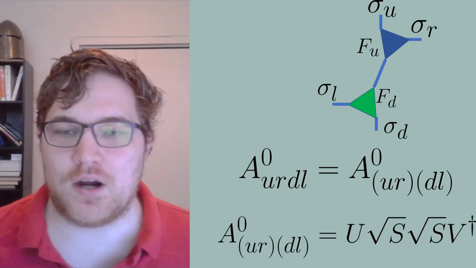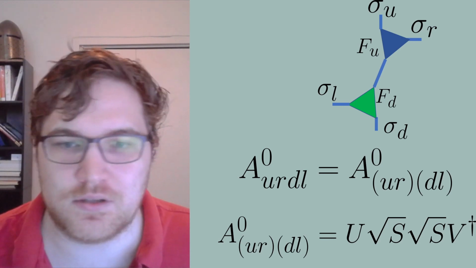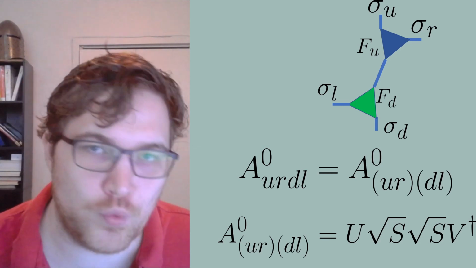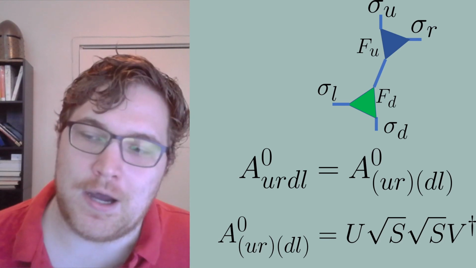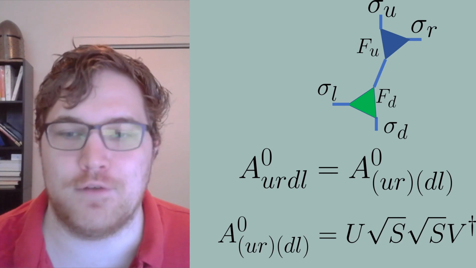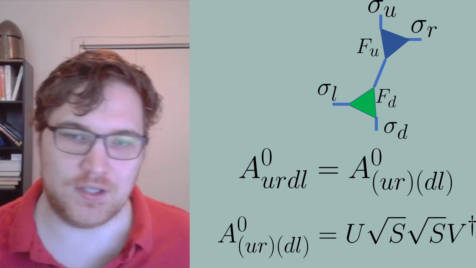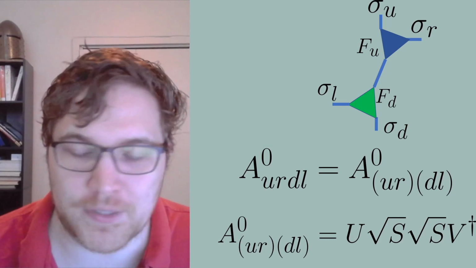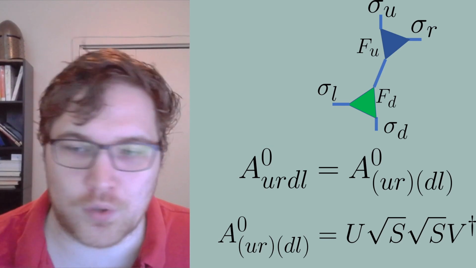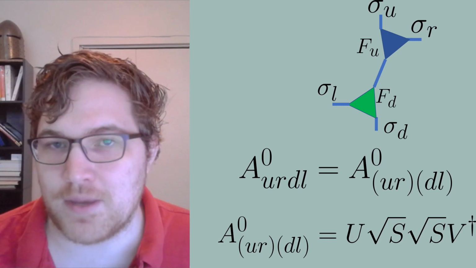We can write our matrix A0 in terms of this factorization. So we have some new matrix U, which is a unitary matrix. S is a diagonal matrix with non-negative real numbers on the diagonal. We've just separated it into 2 square roots because of this fact and the way that we're going to group everything. And V is another unitary matrix.